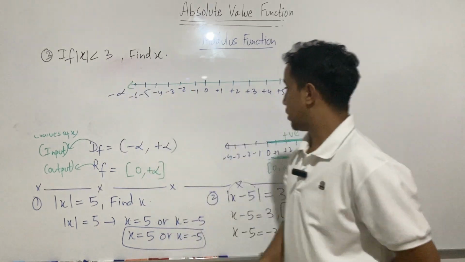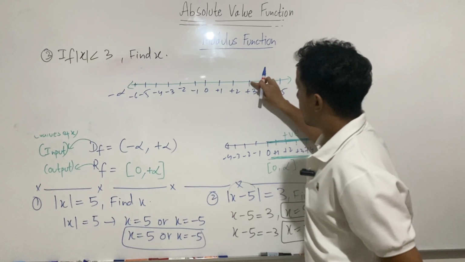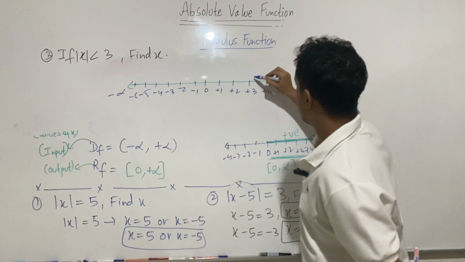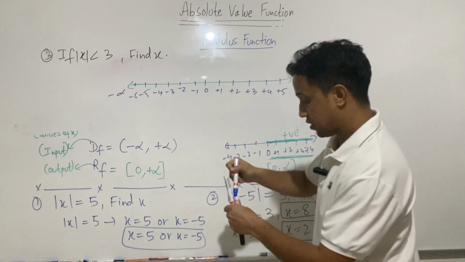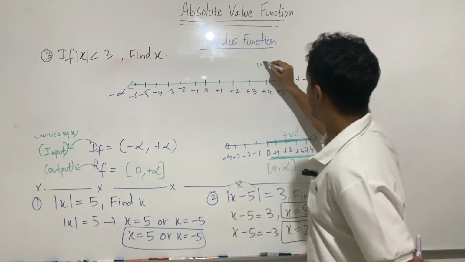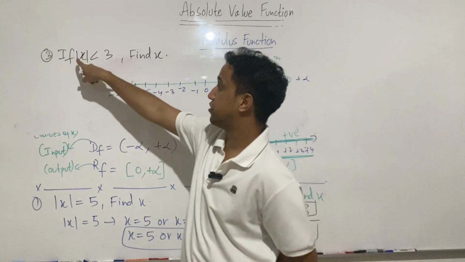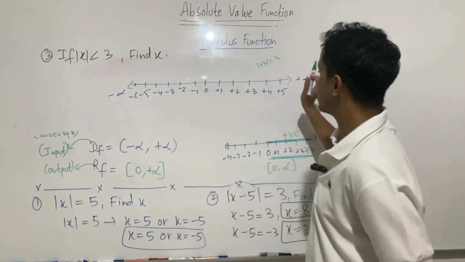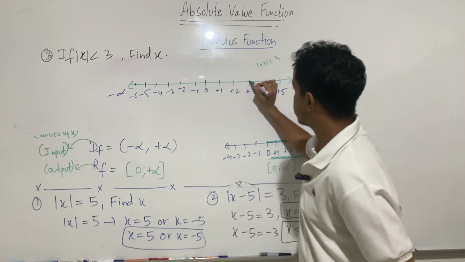Now see here, I have positive 3. The modulus function of positive 3 is 3. But the condition says that if mod x is less than 3, it means I am not going to include this point 3.